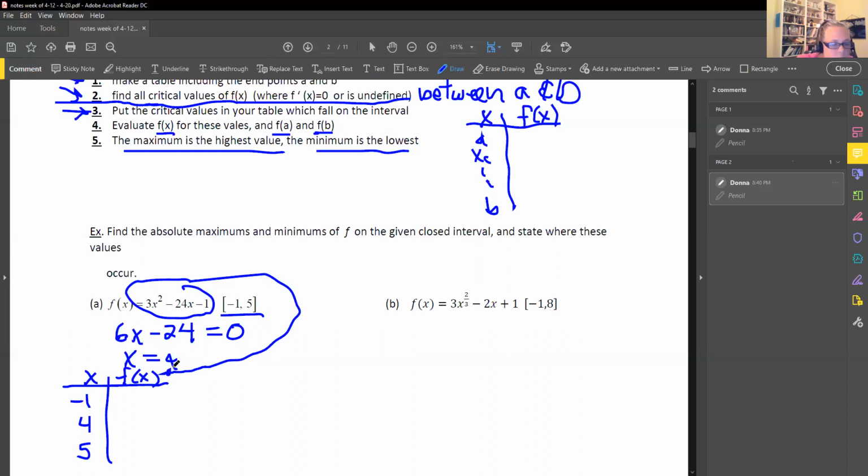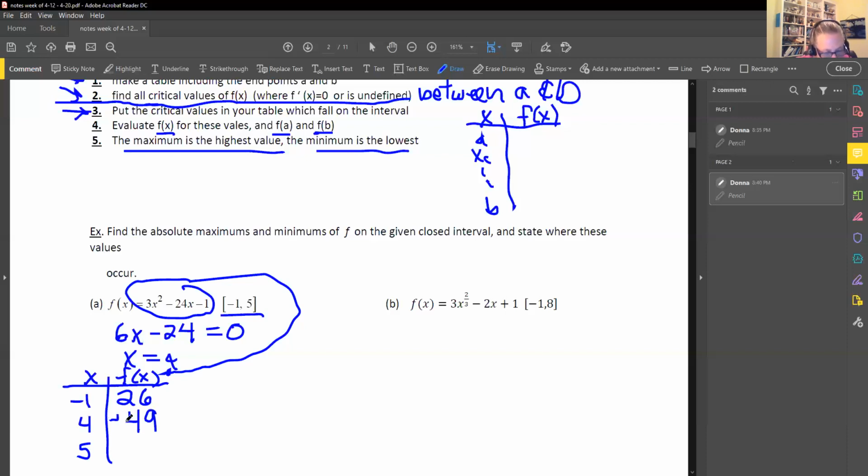All right, so f of -1, I'm just going to use my calculator. It's 3 plus 24 minus 1. All right, for that I get 26. f of 4 is 3 times 16 minus, whoops, 24 times 4 minus 1 is -49, way down there.